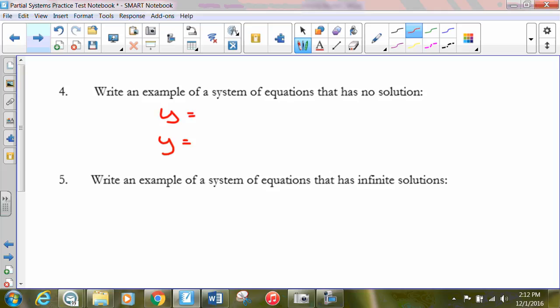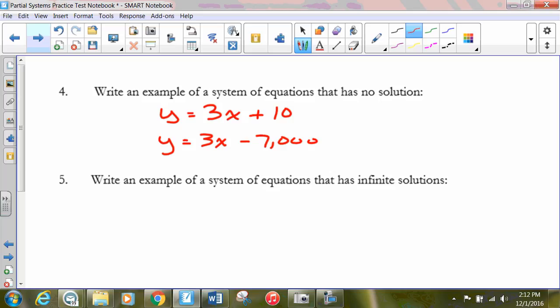So let's say my first line has a slope of 3, and it doesn't matter what the y-intercept is, it could be plus 10. Then the second line, if I want the 2 lines to be parallel, has to have the same slope, and it doesn't matter, I could put like 7,000. It doesn't matter what the y-intercept is, it's just that they have to have the same slope if you want a system that has no solution.